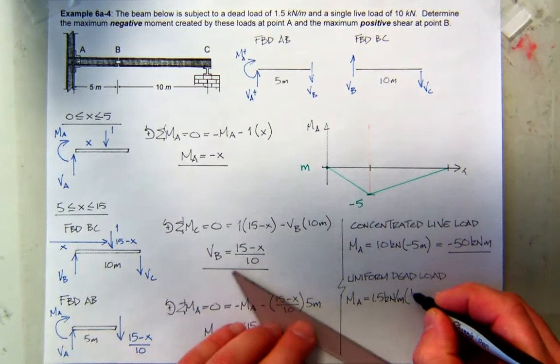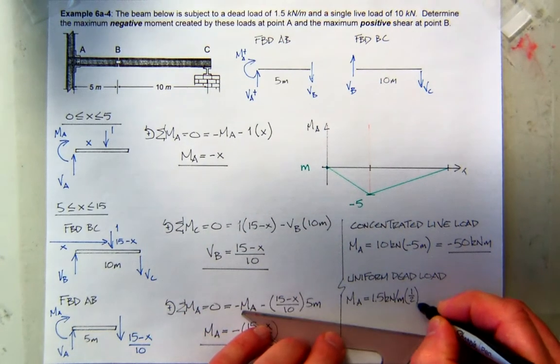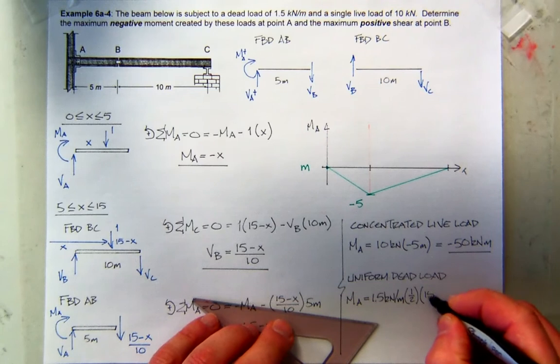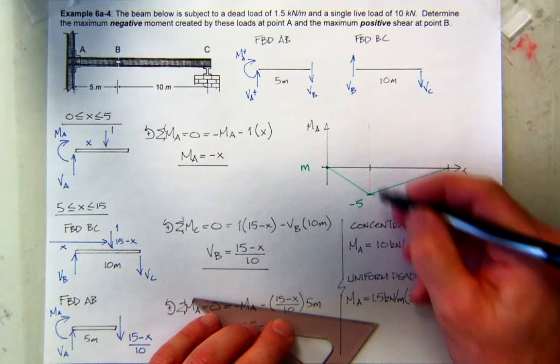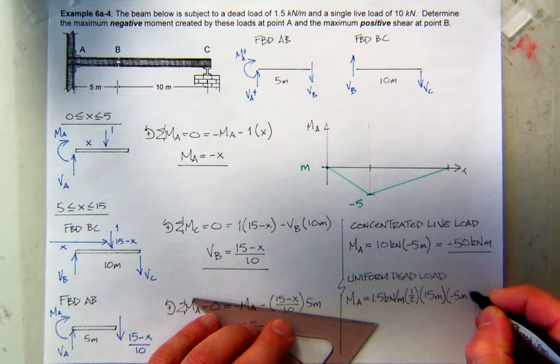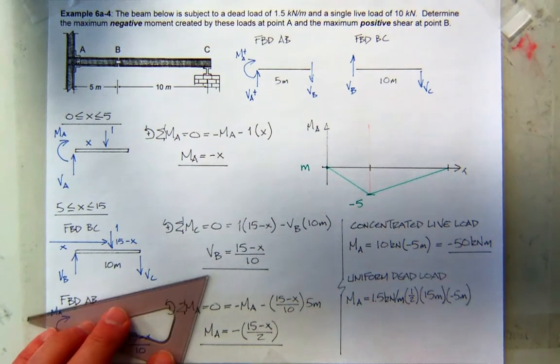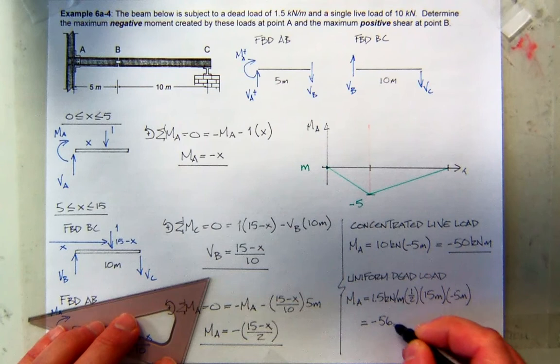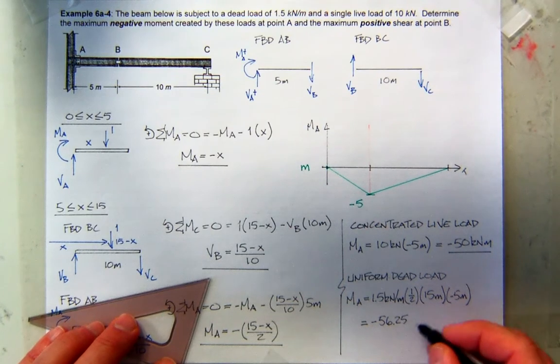It's a triangle, so it'll be 1/2 the base, which is 15 meters, times the height, which is minus 5 meters. I don't know what that's going to be. Somebody help me with that. Negative 56.25. And you can see your units are going to be kilonewton meters.